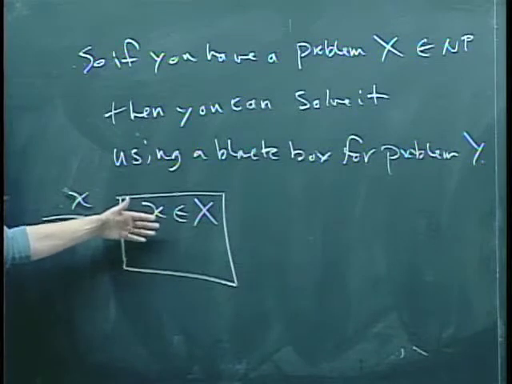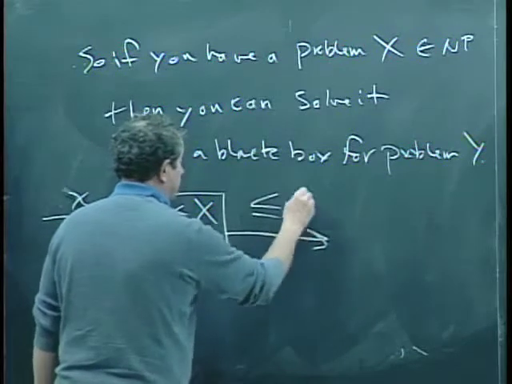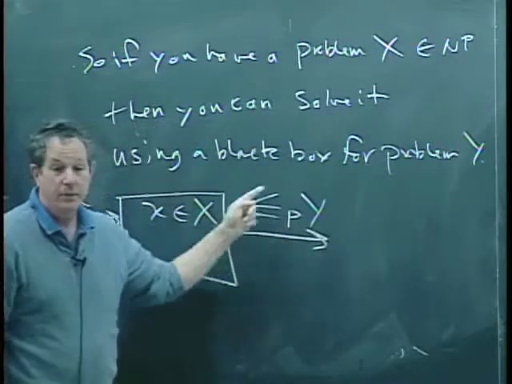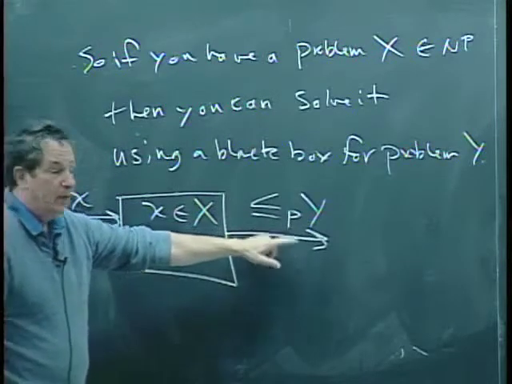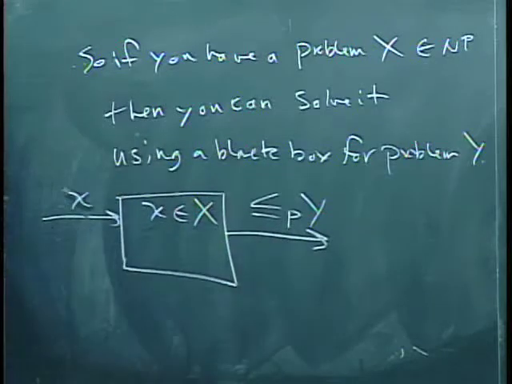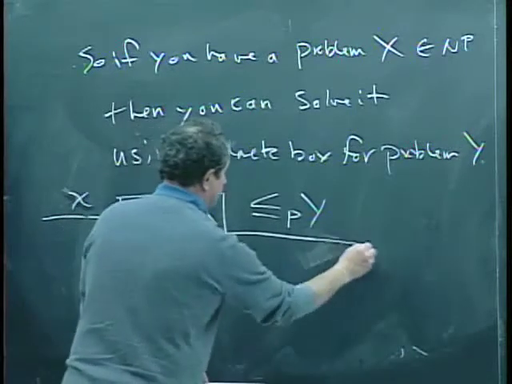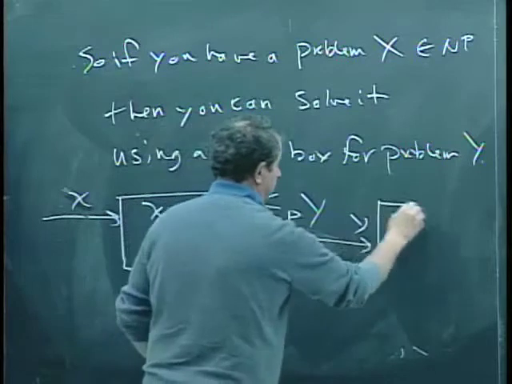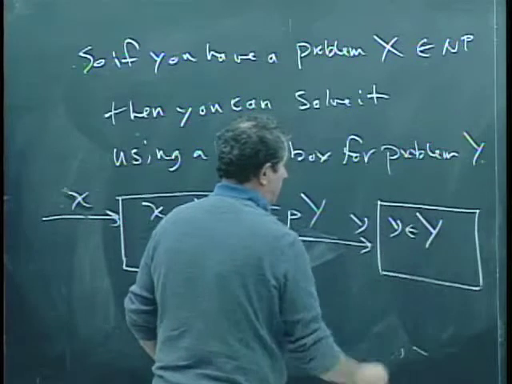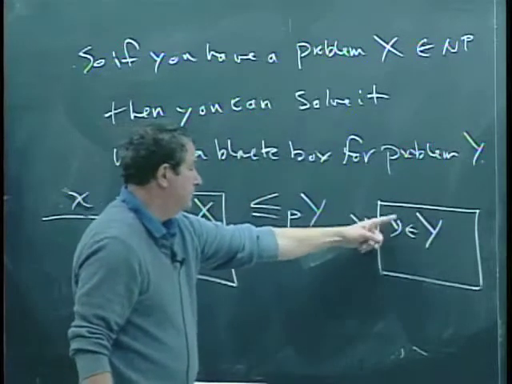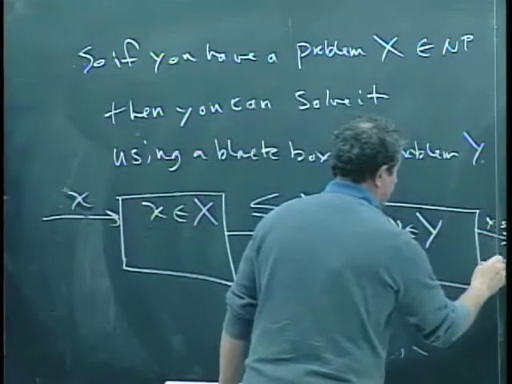But instead of solving that directly, what you do is a polynomial time reduction to Y, which means this is an algorithm here which takes in little x, works on it in polynomial time, and produces an instance little y, which can be fed into the black box for problem capital Y, and then out of here comes either a yes or a no.